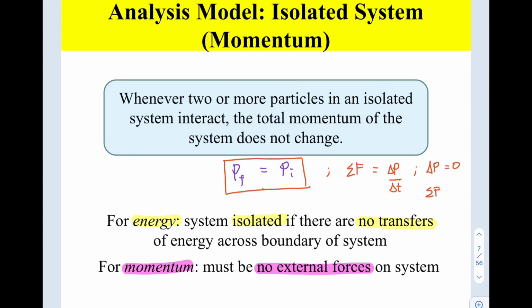Delta P equal to 0 means P final minus P initial is equal to 0. It means that P final equals P initial. Back to this one.